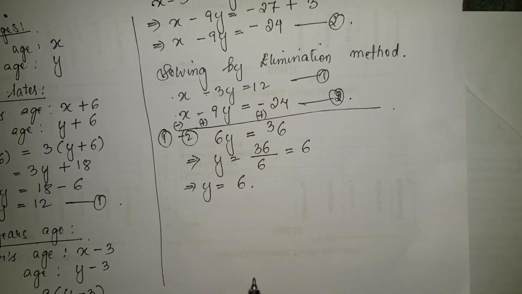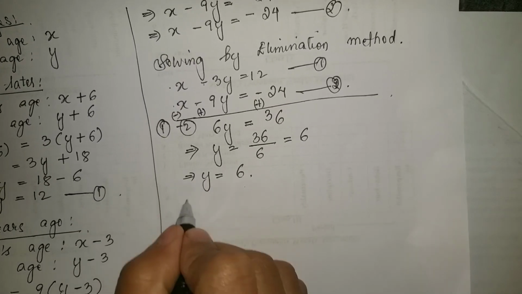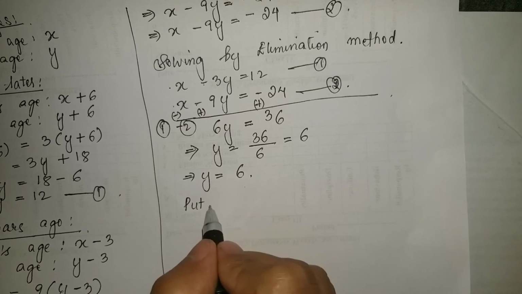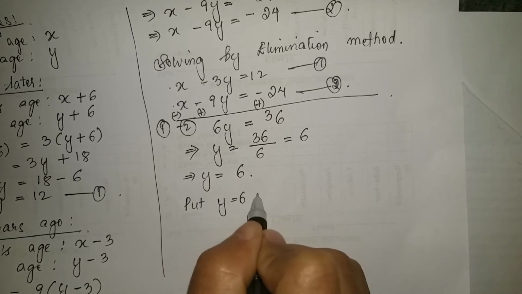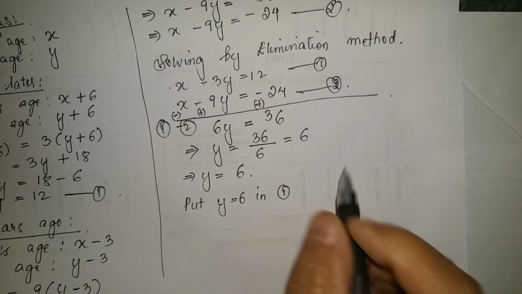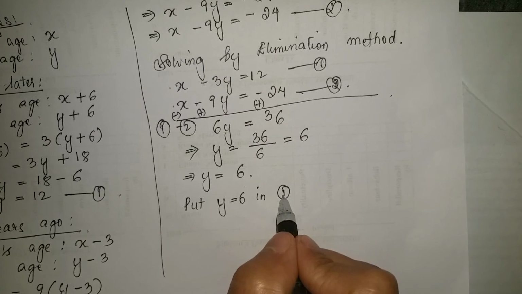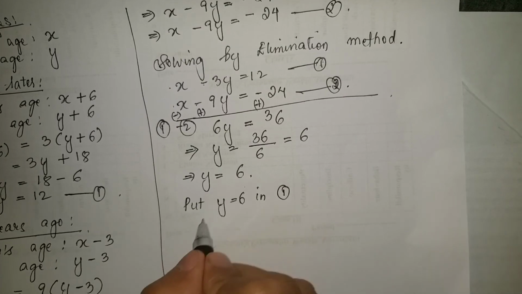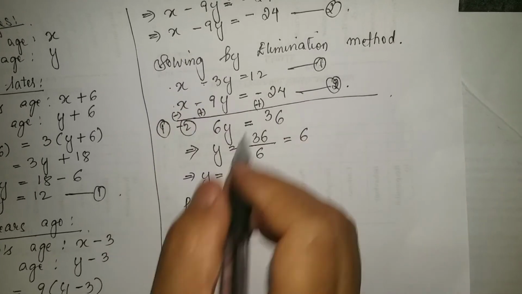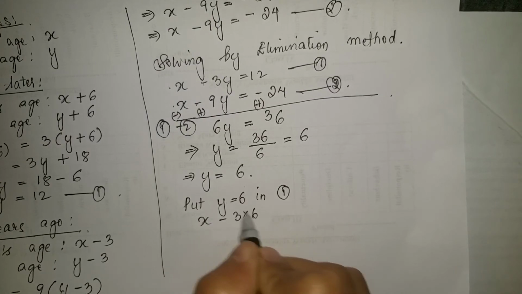Now I'm going to find out the present age of the father. If I put y equal to 6, I can put it in either equation 1 or 2, but here let me put it in equation number 1. x minus 3y equal to 12, but what is my y? 6.